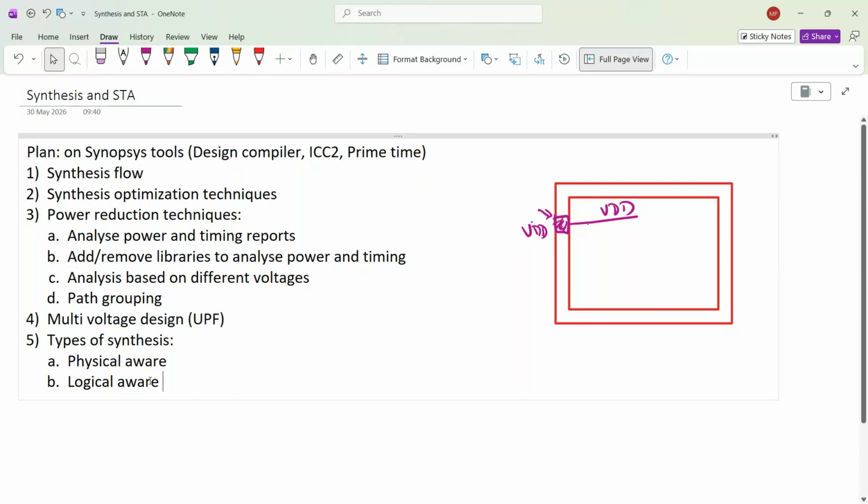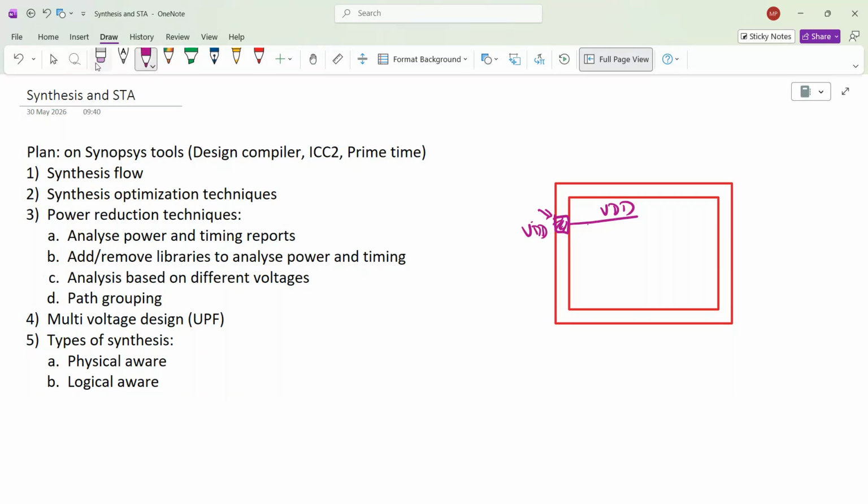What information does the floor plan DEF have? It has the information of ports which are placed, core and die area, meaning utilization, how big your core is, how the cells and ports are placed, how the macros are placed and their locations. If it is a multi-voltage design, where and how big the voltage areas are that you have created. All this information will be there.